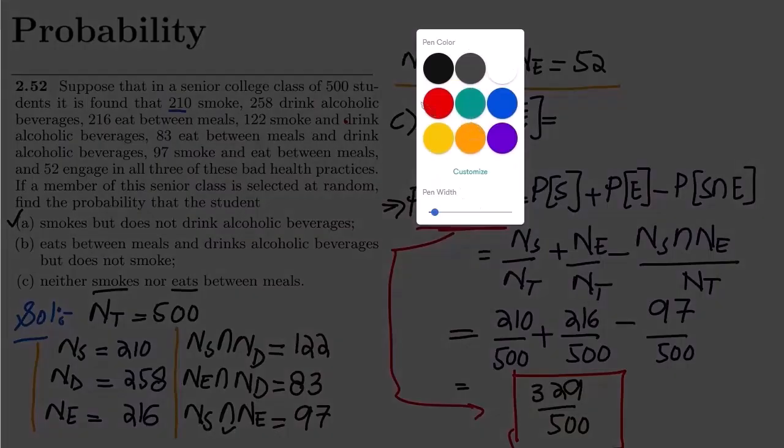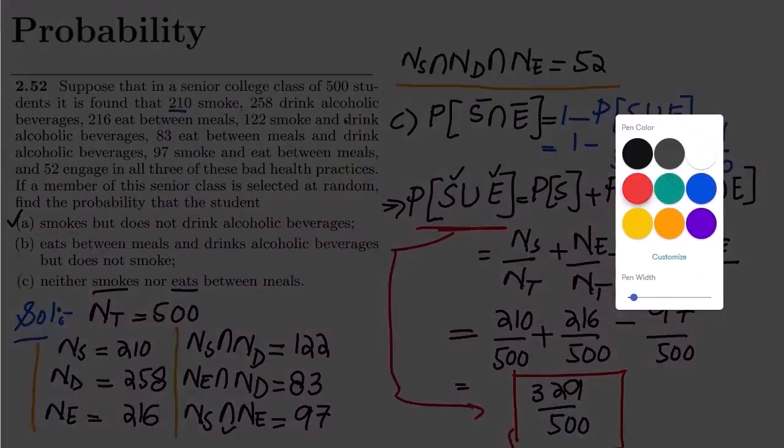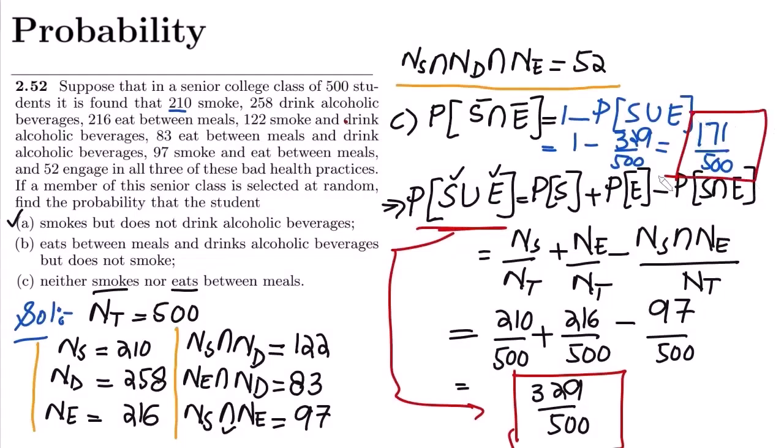We have to find it by subtracting this probability of S union E from 1. So writing it, 1 minus 329 divided by 500. Finding it out, what I will get at the end is 171 divided by 500. So that is the solution of part C which we wanted to find out.